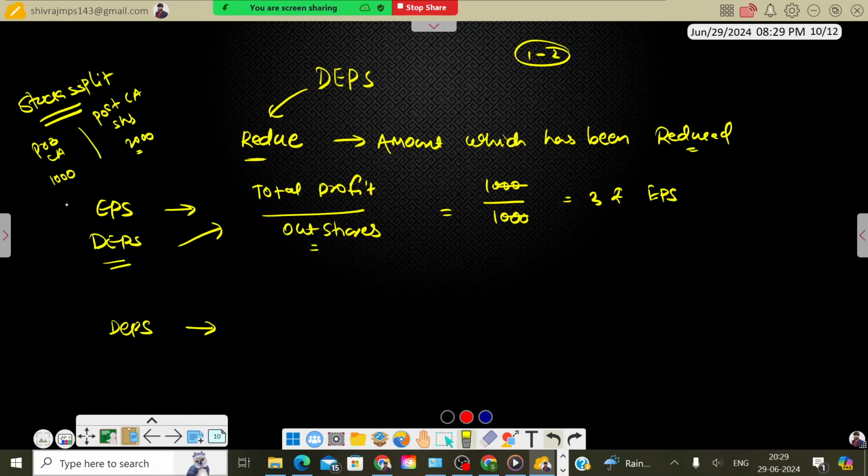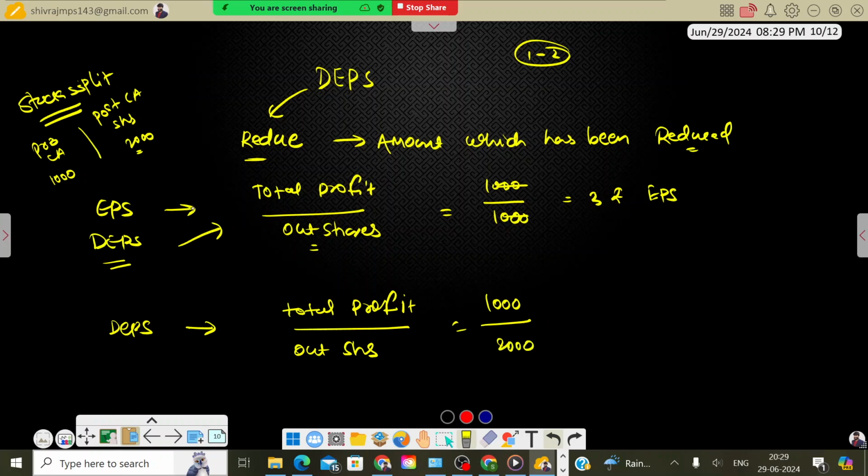Those are the events that will impact the earnings you are going to earn. So here the rule would be again the same: total profit divided by outstanding shares, but your number of shares will change. Profit would remain the same and the number of outstanding shares should be 2000.